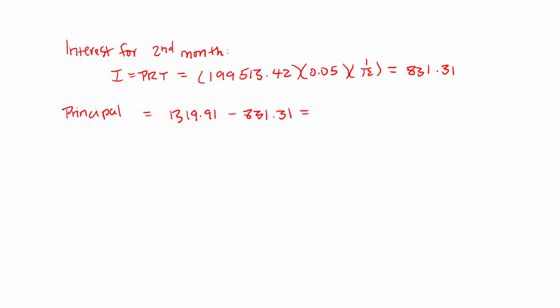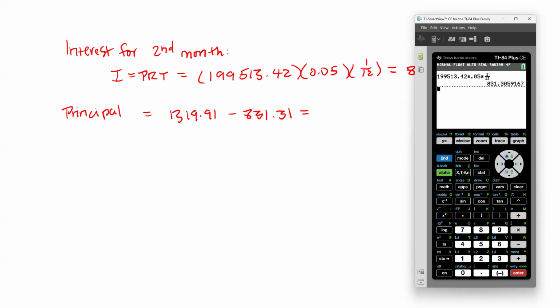Okay, grab the calculator. 1,319.91 minus 831.31 is $488.60.